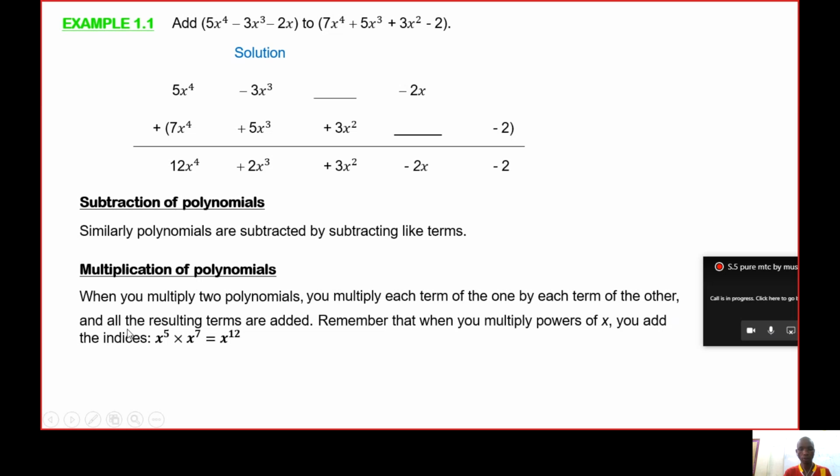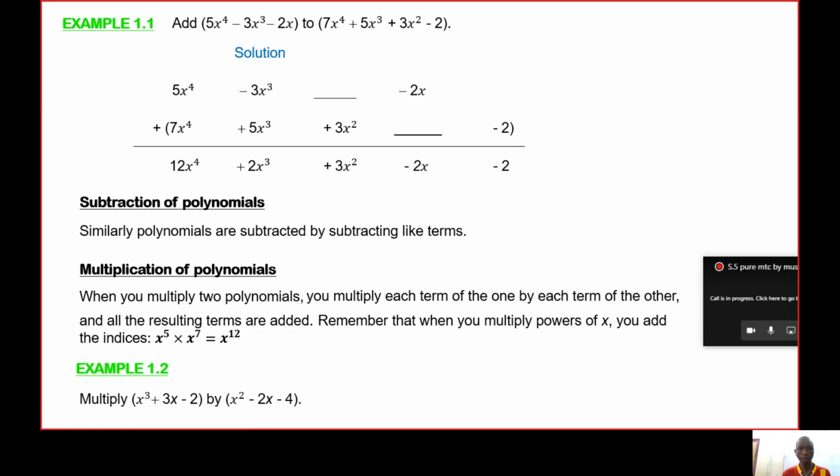So that's what we are supposed to use. So let us go to an example. It says multiply x cubed plus 3x minus 2 by x squared minus 2x minus 4. So they want us to multiply these two polynomials.